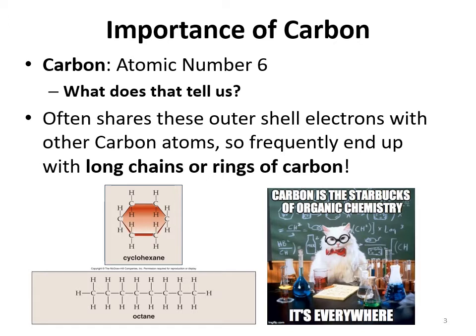With those 6 protons, if it's a neutral atom, it also has 6 electrons. And when you think of how we arrange atoms, remember the first innermost orbital will have a maximum of 2 electrons, which then leaves us with 4 valence electrons, meaning 4 outer shell electrons.